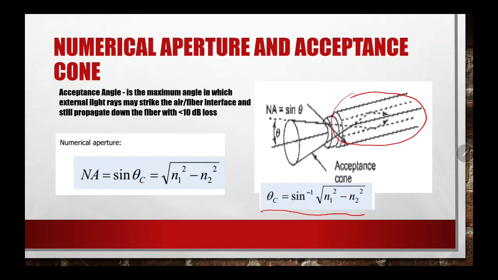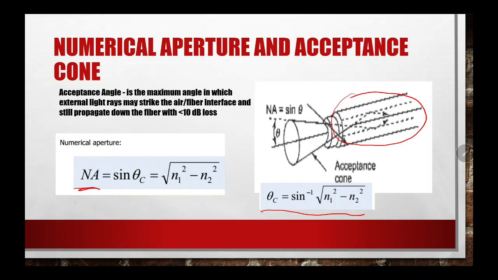So, while yung NA dito sa formula, ito yung tinatawag natin numerical aperture. Which is basically, isa lang siyang numerical value or figure of merit na ginagamit para ma-present numerically yung kung gaano kalaki yung acceptance angle.